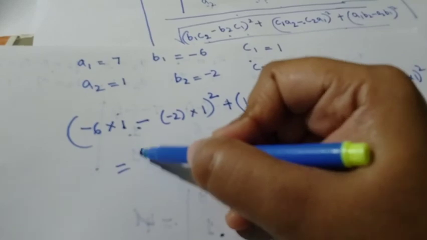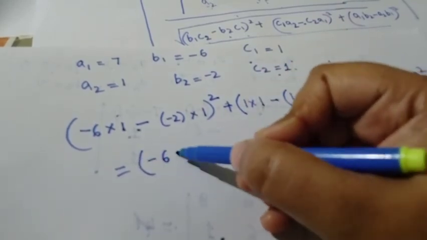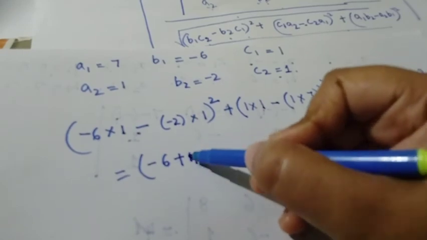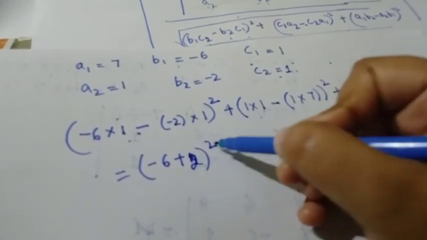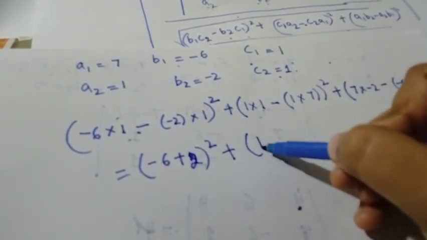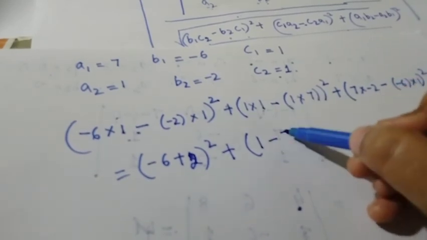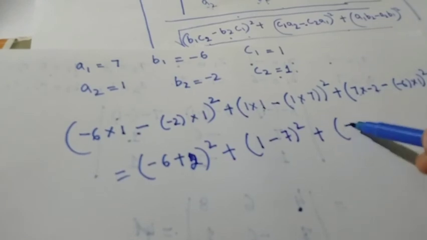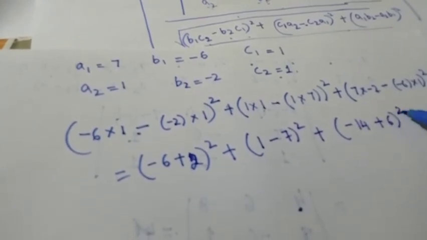So this is equal to minus 6 minus of minus 2, sorry, plus 2. 2 ones are 2. Plus 1 minus 7. Minus 14, 7 2s are minus 14. Minus into minus plus 6, whole square.